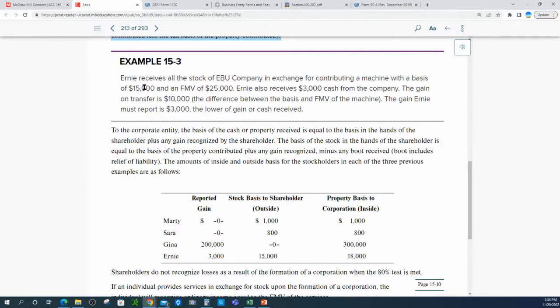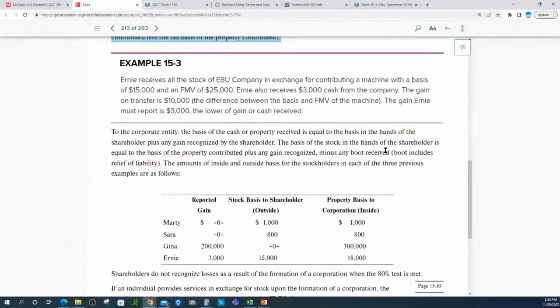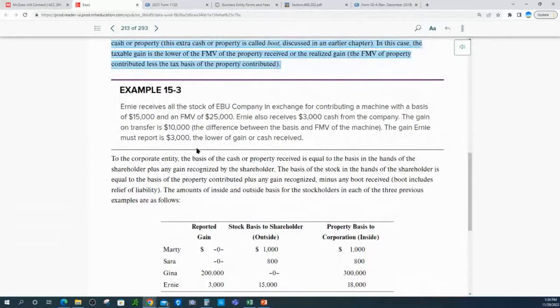Okay, so his basis now in the company is 15,000, but he had a gain of 10,000 of which he has to report 3,000. So it's going to be whichever is lower, the gain, which was 10,000, or the cash that was received, 3,000. He's going to have to report $3,000 as a gain.